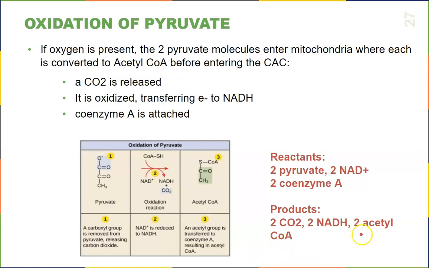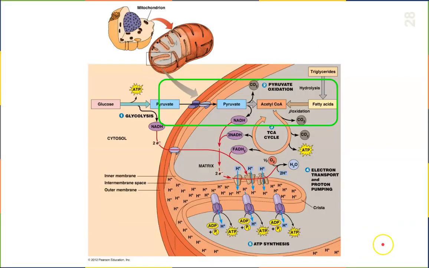Okay, so let's take a look again at our big map. So here's our glycolysis step. We created pyruvate. Pyruvate entered the mitochondria. So remember, we're making 2 pyruvate from glycolysis. So this is happening twice. So 1 pyruvate molecule, acetyl-CoA, attaches, that releases CO2.